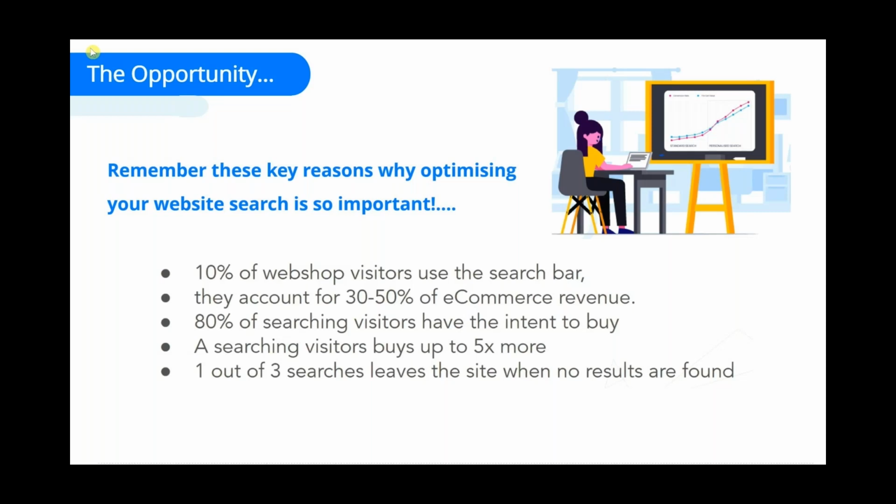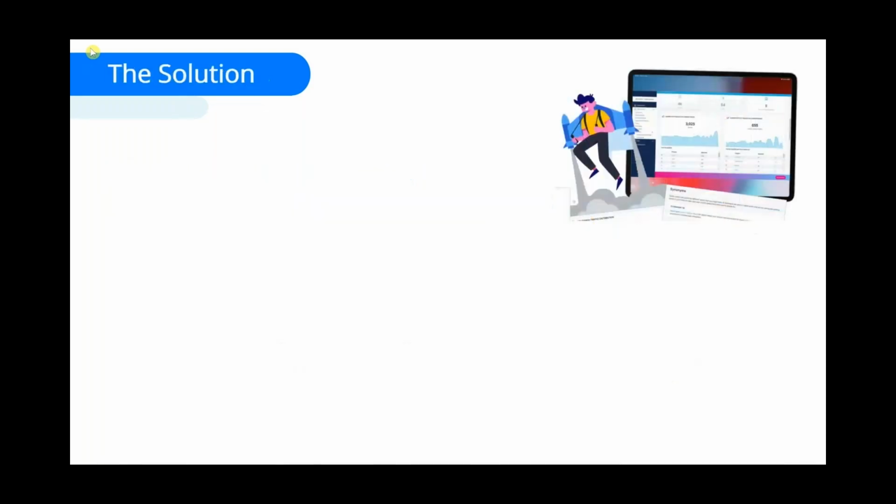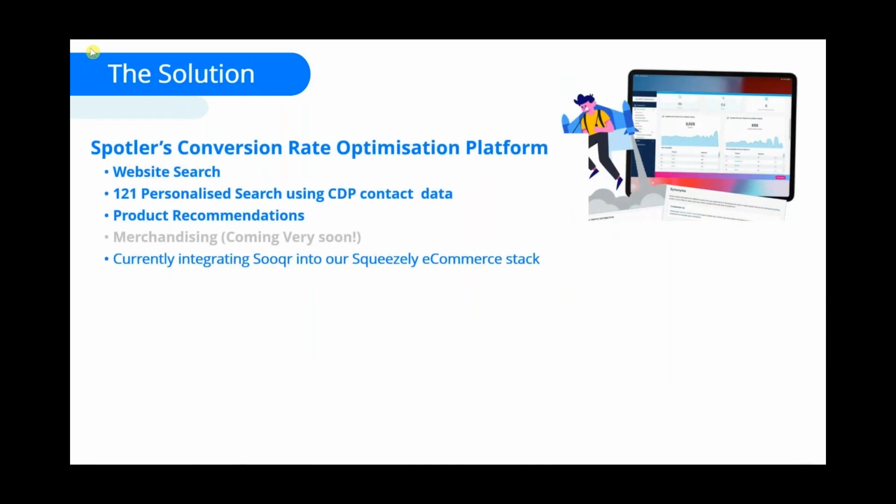So the solution I'll be going through is Spotler's new conversion rate optimization platform, which we recently acquired over the last few months, and it brings to our stack website search, one-to-one personalized search using CDP contact data, product recommendations.